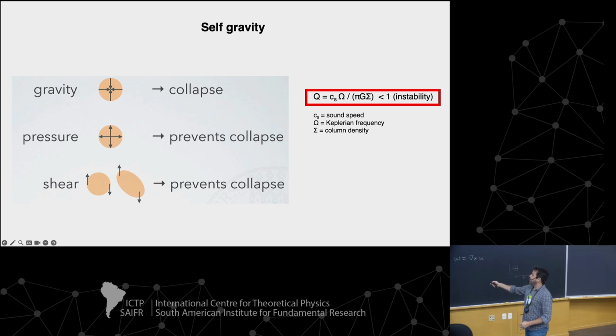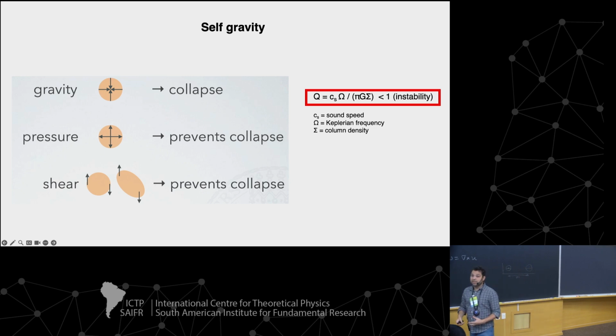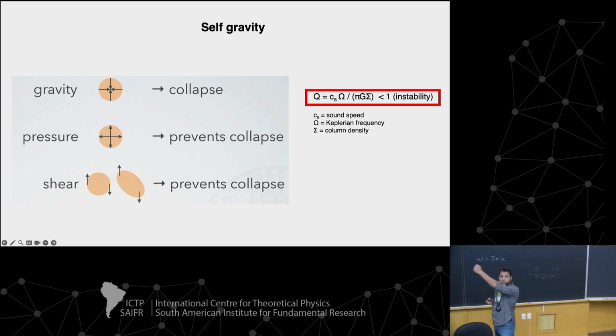Shear prevents collapse because if you have a blob that is trying to concentrate, this side of the blob is trying to orbit in this way, and this side is trying to orbit in this way, right? So if the gravity is not strong enough, shear is going to win, right?